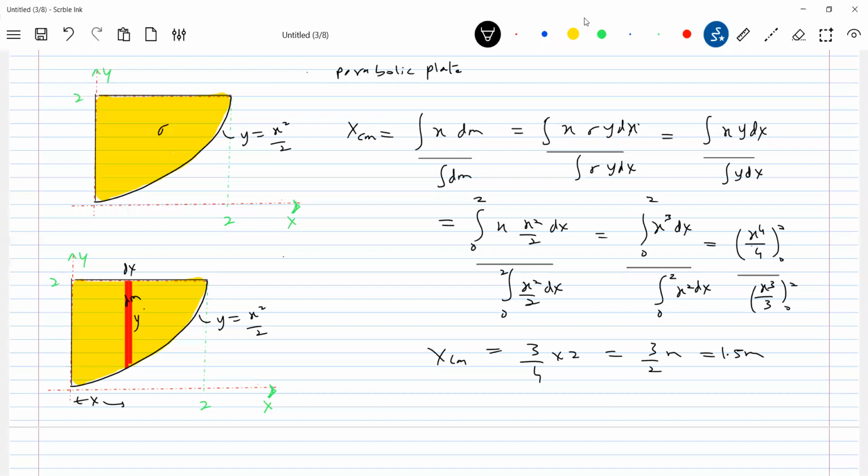Okay, let's go for the next, the paraboloid. Just make observations and draw the diagram.